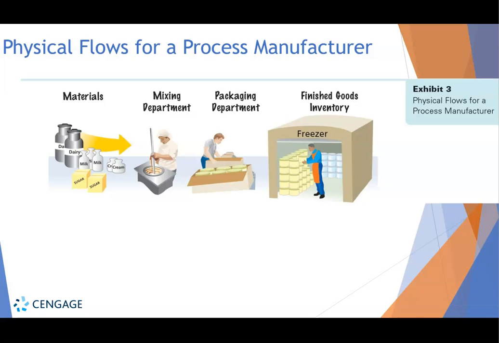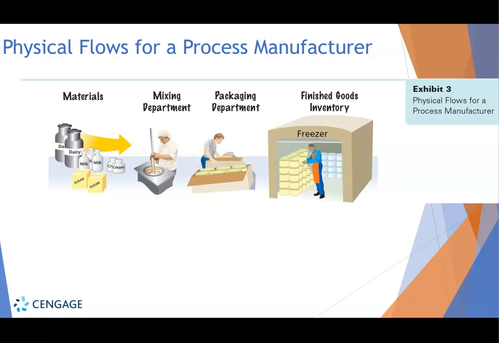In the mixing department, the direct materials in the form of milk, cream, and sugar are placed into a vat. An employee fills each vat, sets the cooking temperature, and sets the mix speed. The vat is cooled as the direct materials are being mixed by agitators. Factory overhead includes equipment, depreciation, and indirect materials.